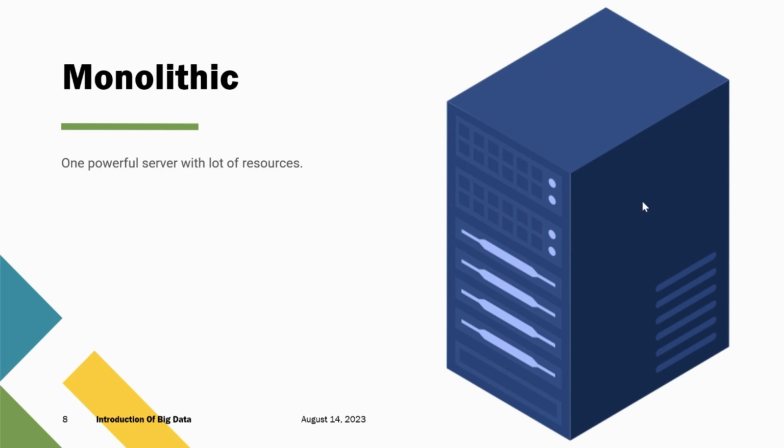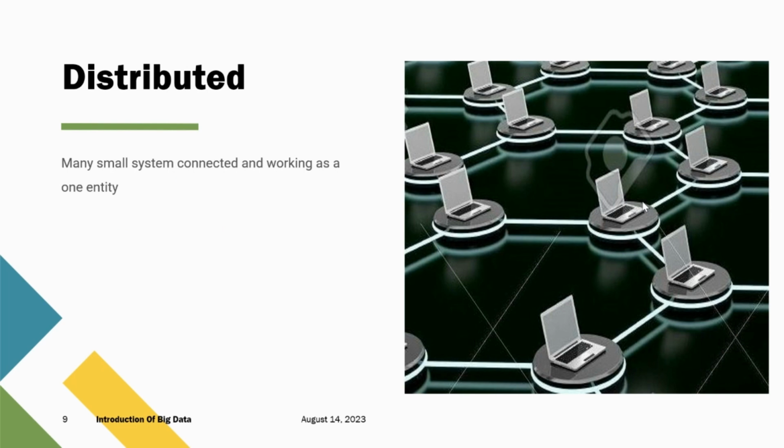This is called monolithic. The other type is the distributed system: many small systems connected and working as one entity. We can see here these are all connected with each other and working as one entity.